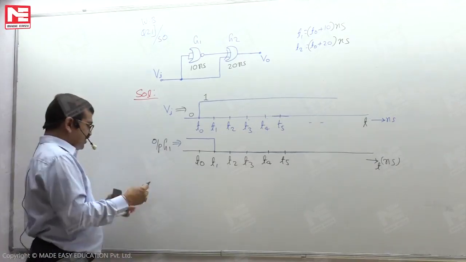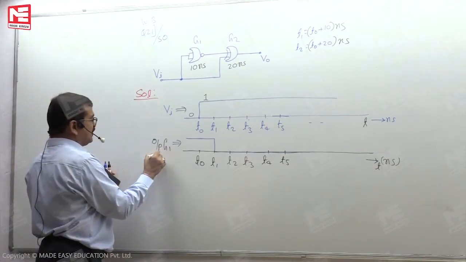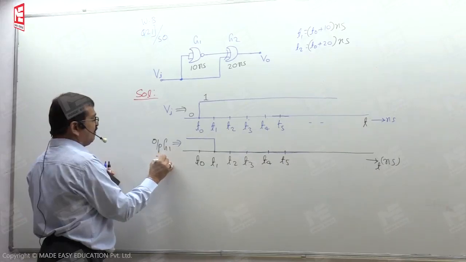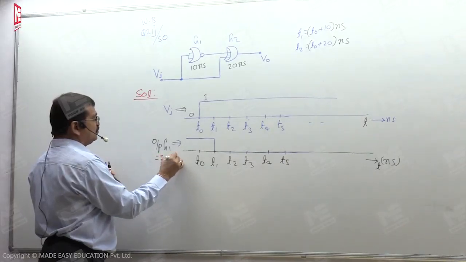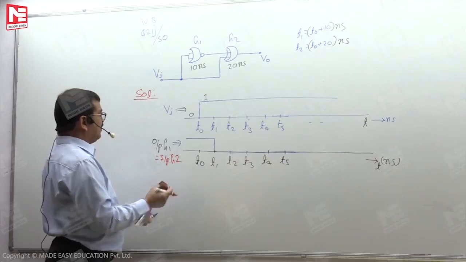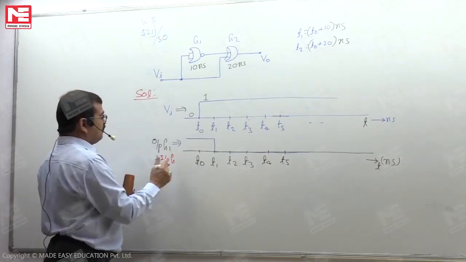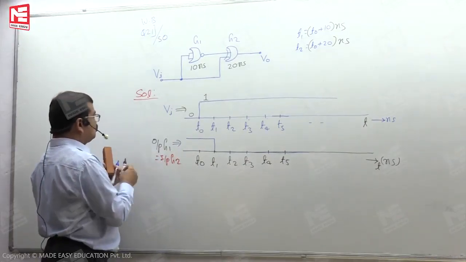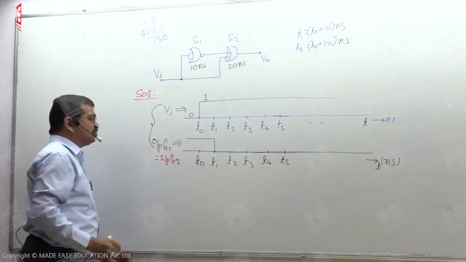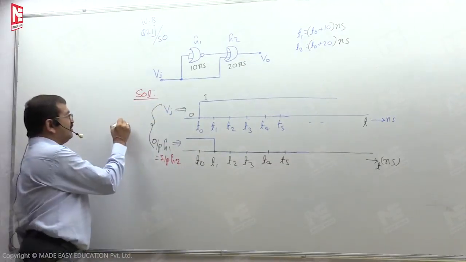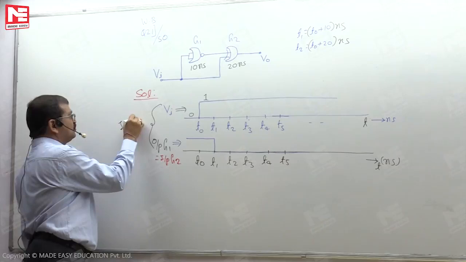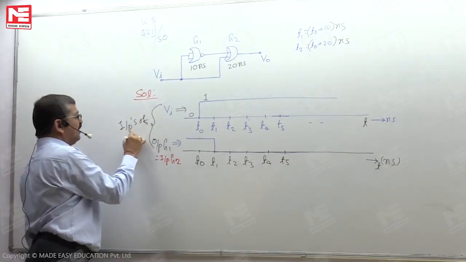This is one of the inputs to the gate G2. So we are looking here: these two waveforms together are the inputs of gate G2.